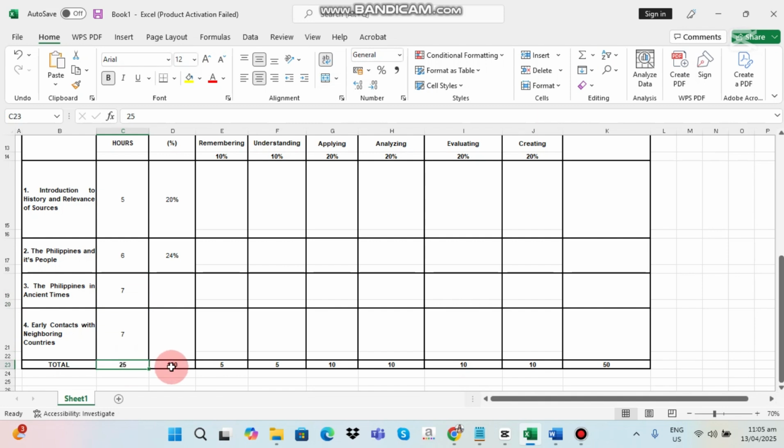And then we are going to multiply that by 100. And then we have the percentage of 28%. Since they are the same, of course, it would be 28% in this part as well. So that would be 28%.